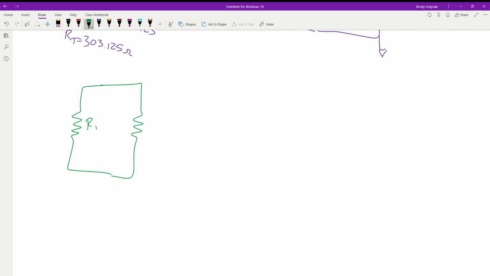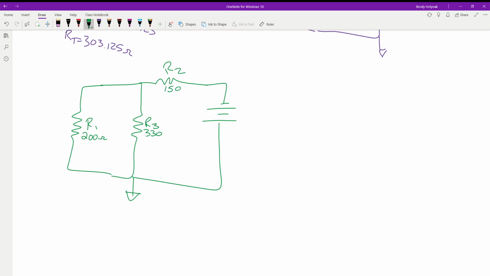We've got R1, R3, R2, our voltage source, and we have to make sure we get it in the correct polarity. So this is 200, this guy's 330, this guy's our 150. And we have 6 volts.